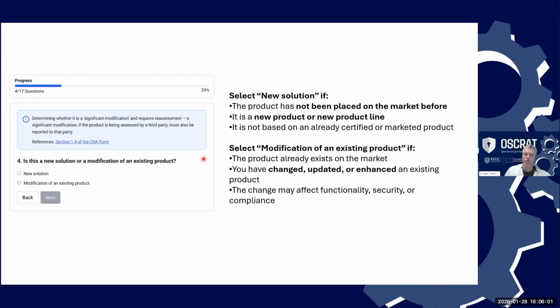Is it a new solution or a modification? Yes or no. There is a question on the topic, because the topic is what defines a new solution. If it's just a date or small changes, it's not counted as a new product.